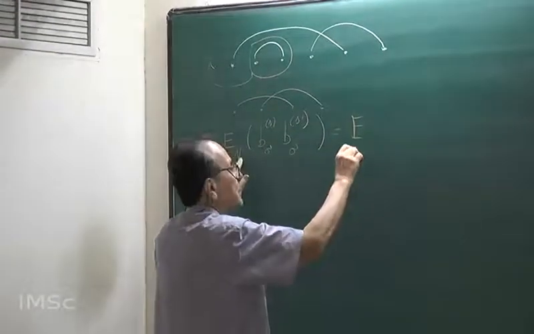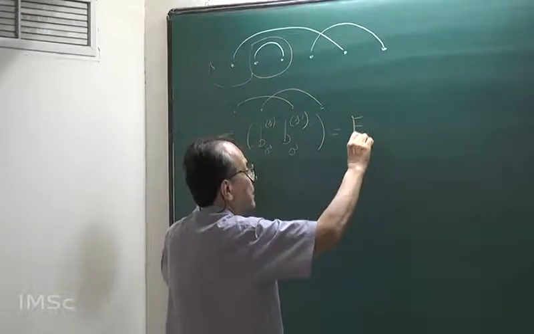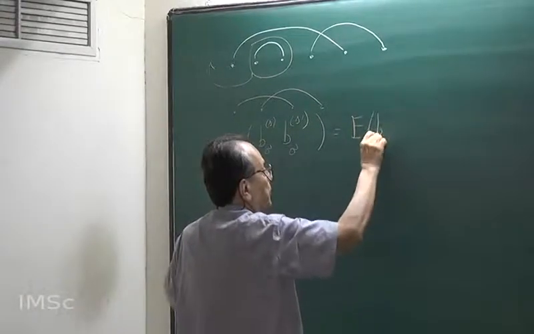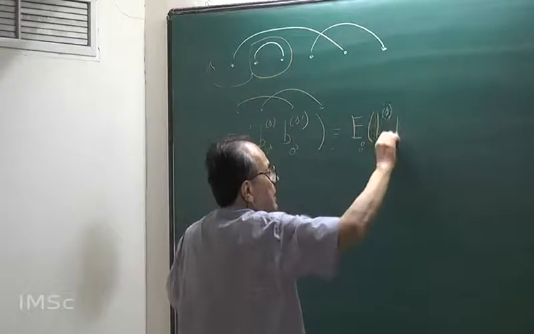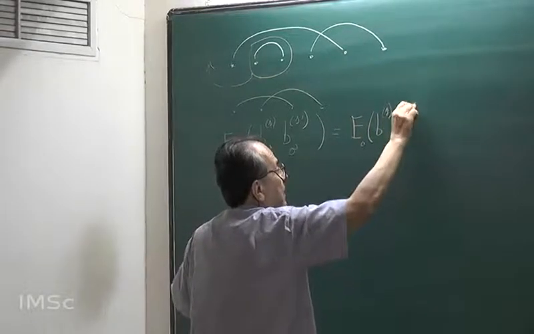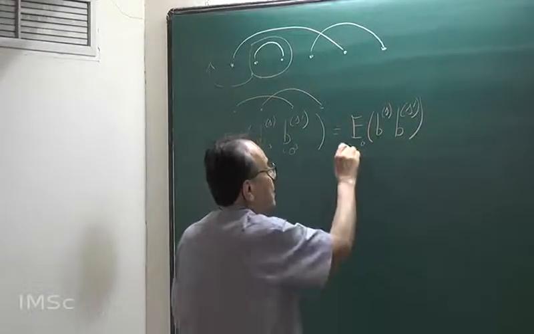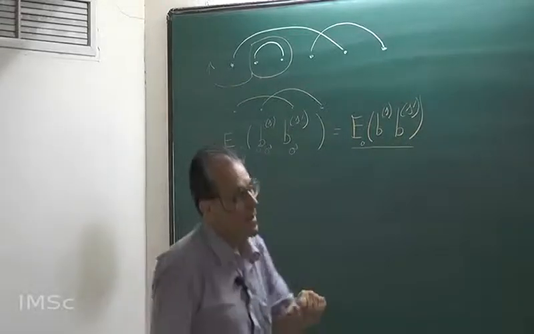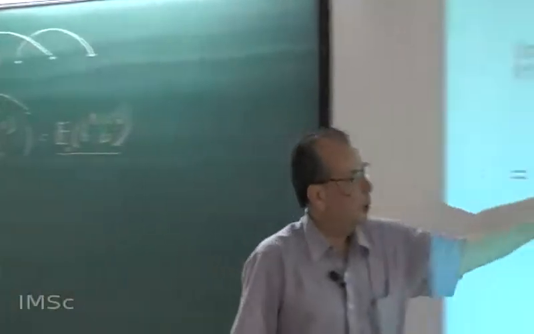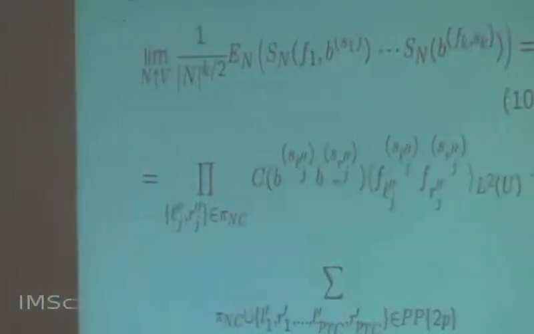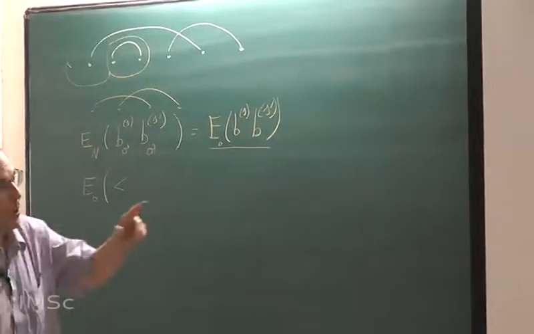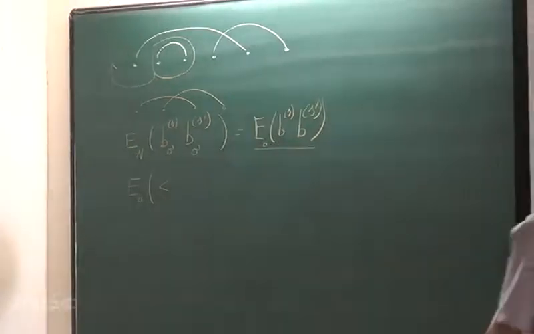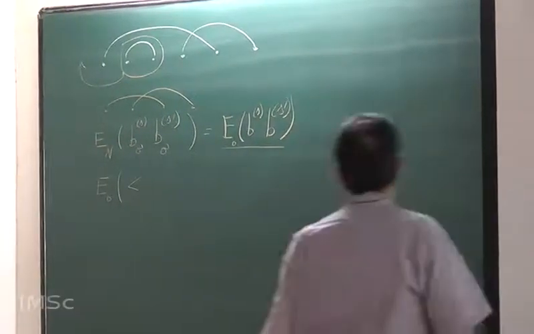And for simplicity, we do not have the dependence on N also. So we have a dependence only on S and S prime here. You see, then this product here you can write in a more intuitive way as expectation of a scalar product of the part which depends on T times B.